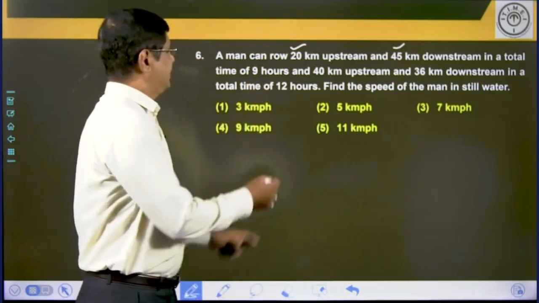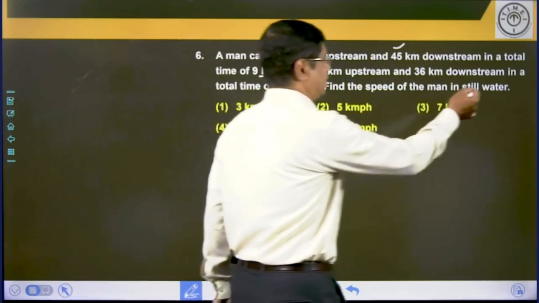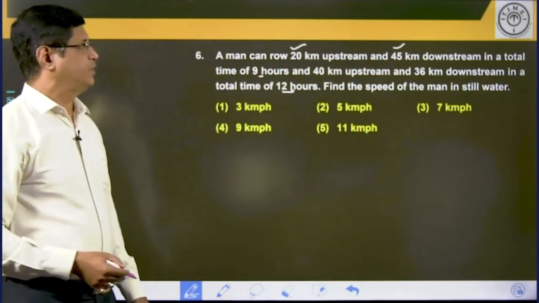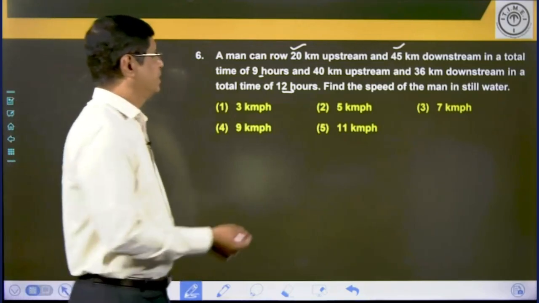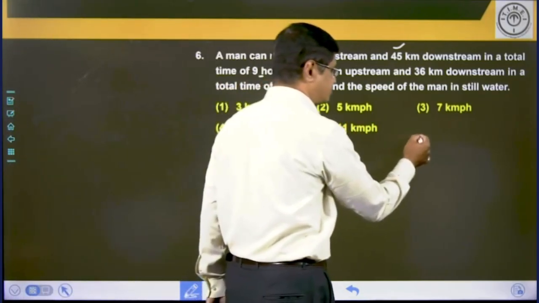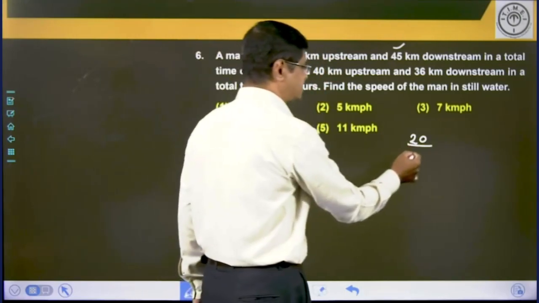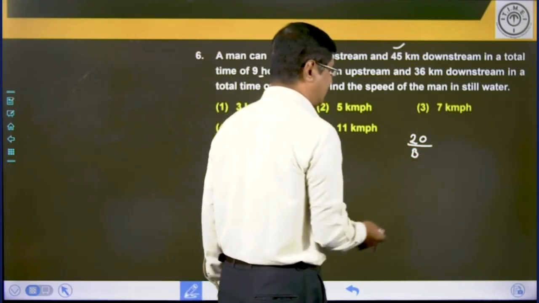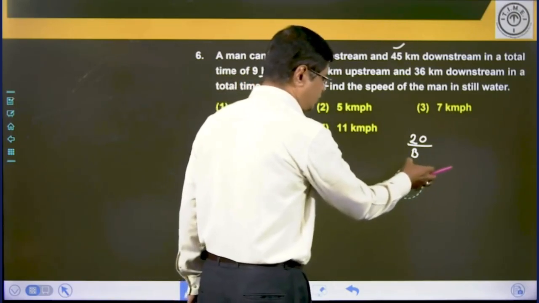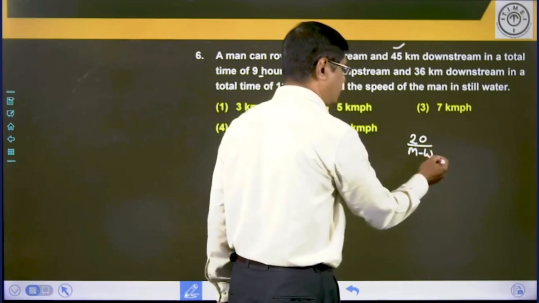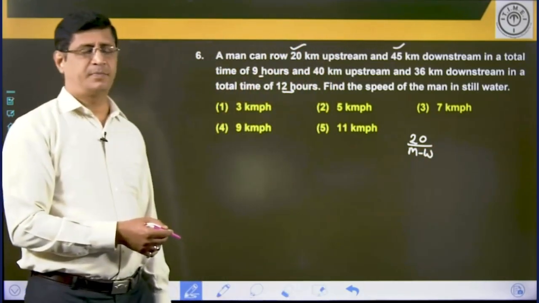Time is given here, 9 hours and 12 hours. Time is distance by speed. Upstream distance 20. Now upstream means B minus W. Here the man is mentioned, so instead of B, I am using M. M for man and W for speed of the current.